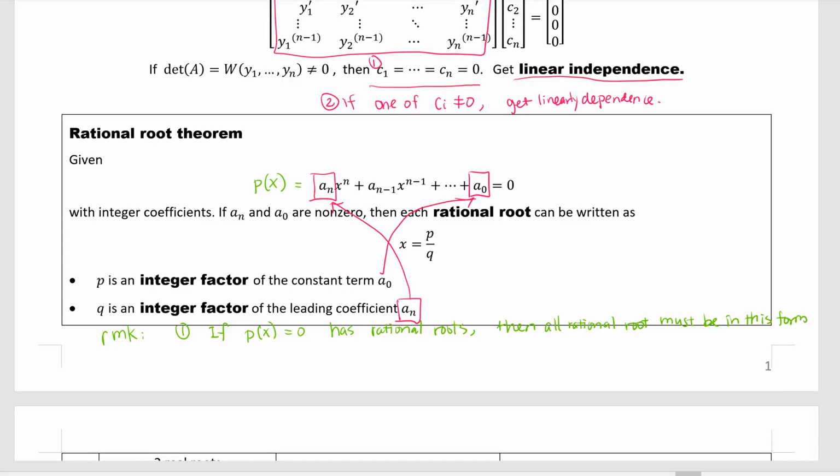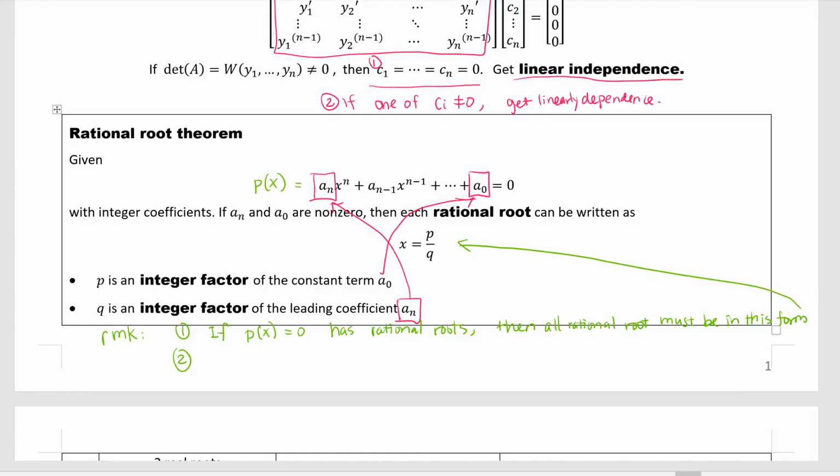What form? It equals p over q, where p is an integer factor of the constant term a0, and q is an integer factor of the leading coefficient a sub n. This is the first remark.